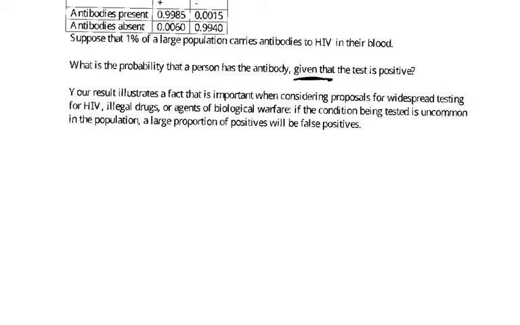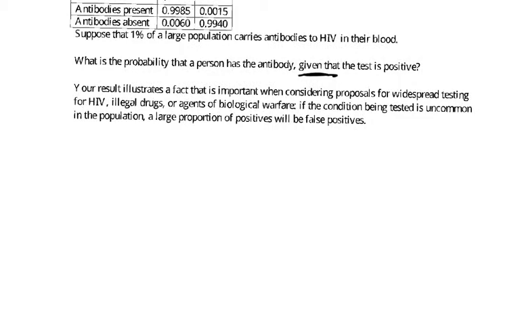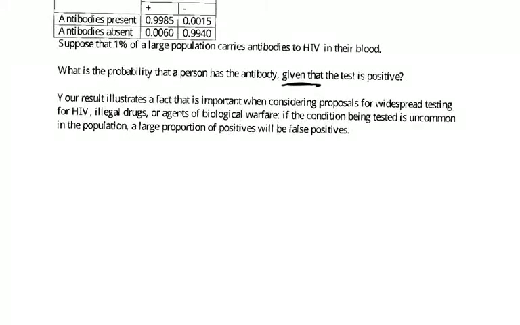Okay. So the first branch of our tree diagram, got to switch to the pen, is going to be antibodies present and antibodies absent.